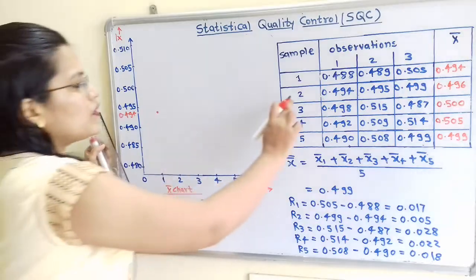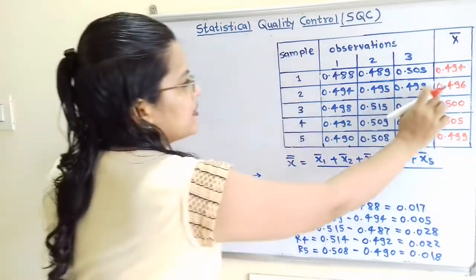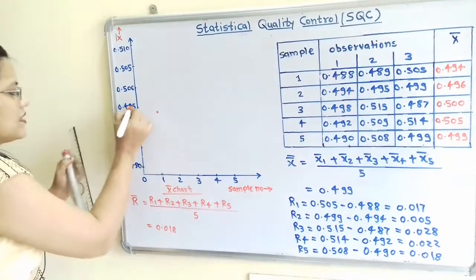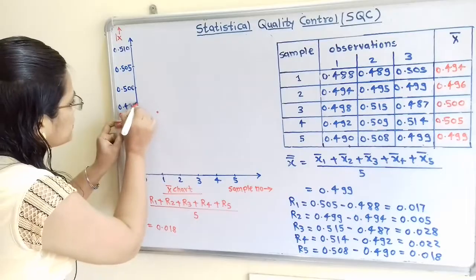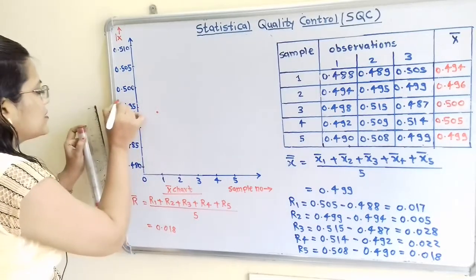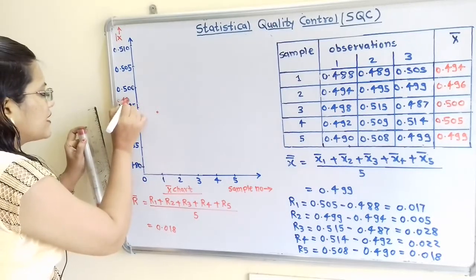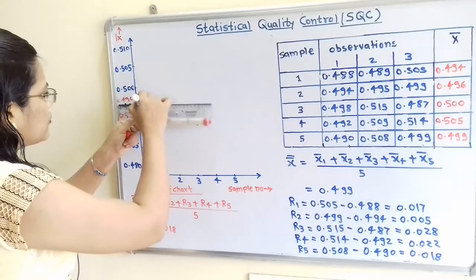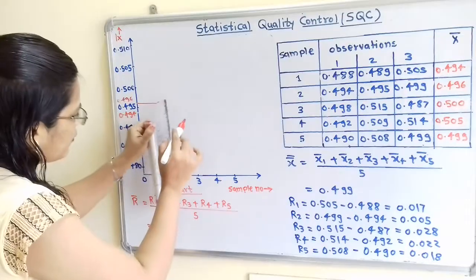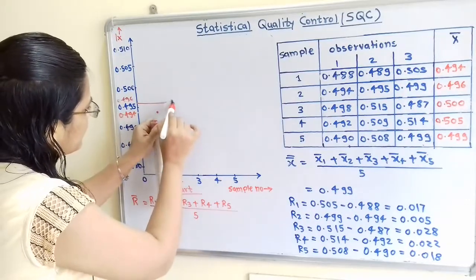Then we will move next, that is for the second sample, it is 0.496. So here is 0.495. So after that 1 centimeter, here is 0.496. So again I will take one rough horizontal line, and from sample number 2, here is the vertical line.